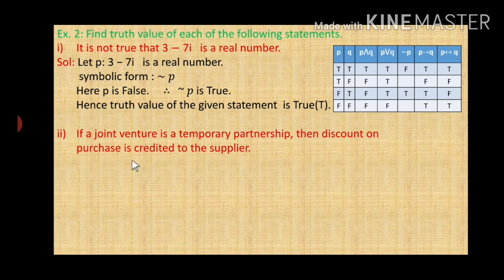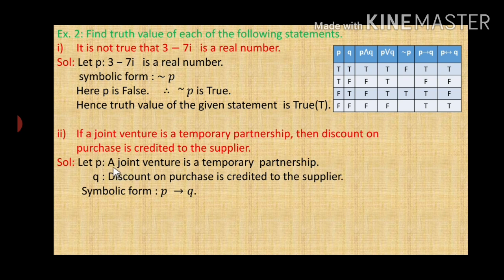This is your final answer. Fine. Let's move to the next one. If a joint venture is a temporary partnership, then discount on purchase is credited to the supplier. First thing is, we have to write the given statement in the symbolic form. So what is P over here? A joint venture is a temporary partnership.